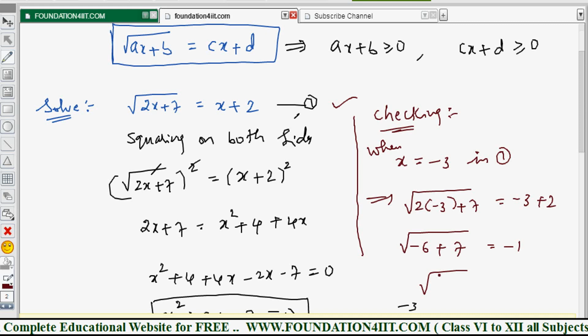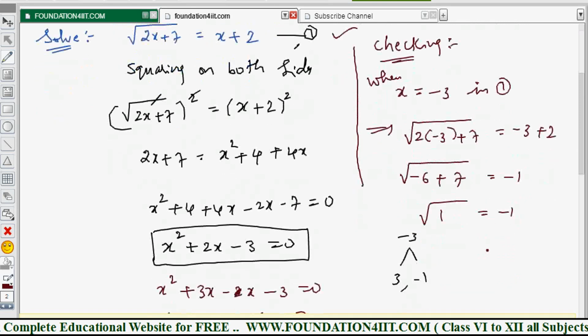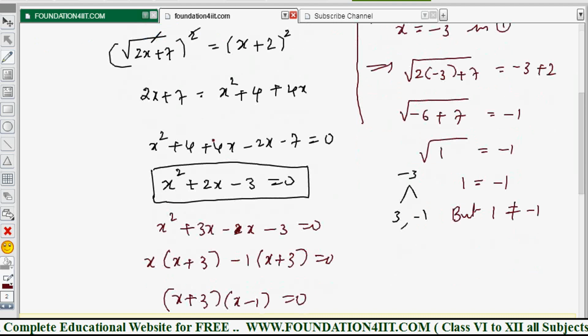Square root of minus 6 plus 7, which is 1, equals minus 1. So square root of 1 is 1, but 1 is not equal to minus 1. That means x is equal to minus 3 does not satisfy equation 1, so it is rejected. We can call these extraneous values, which we remove.